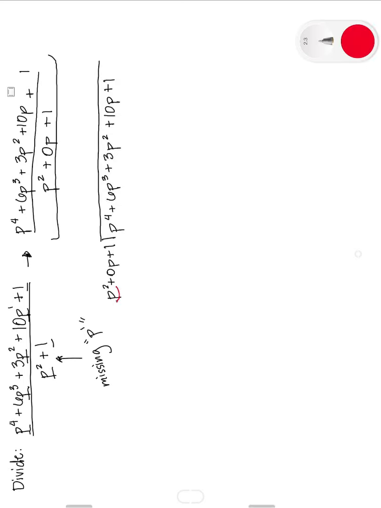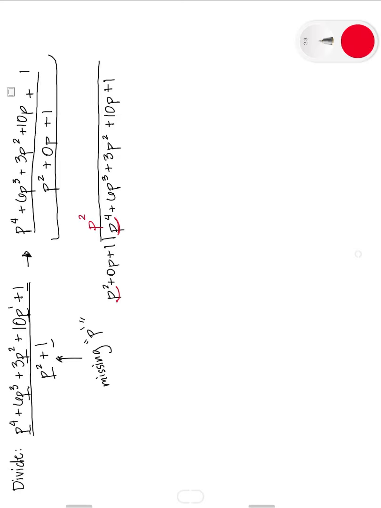So let's begin. Again, we're going to look at the first term in the divisor, and then the first term in the dividend. So we have p squared and p to the fourth. Because we already have exponent 2 and we need exponent 4, we can see that we need 2 more.